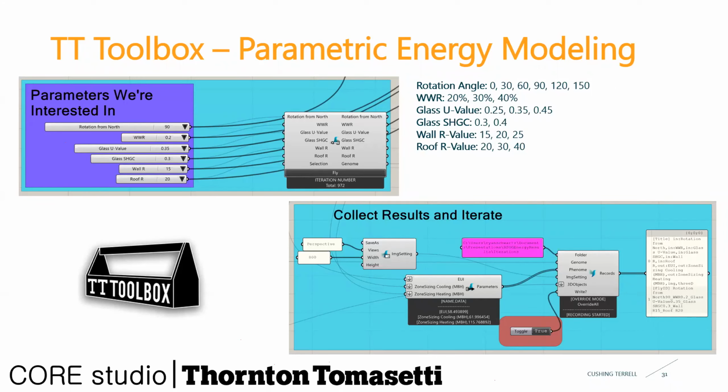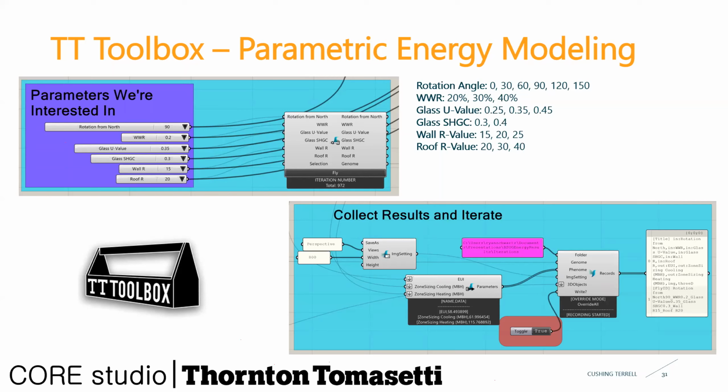And so this plugin lets you take parameters that you want to look at, and it'll iterate through each unique combination of those parameters. So in this example, I'm looking at the rotation angle of the building, and I just did 0 to 180 by 30 degrees, but I left out 180 because the building's symmetrical, so 180 is equal to 0 degrees.